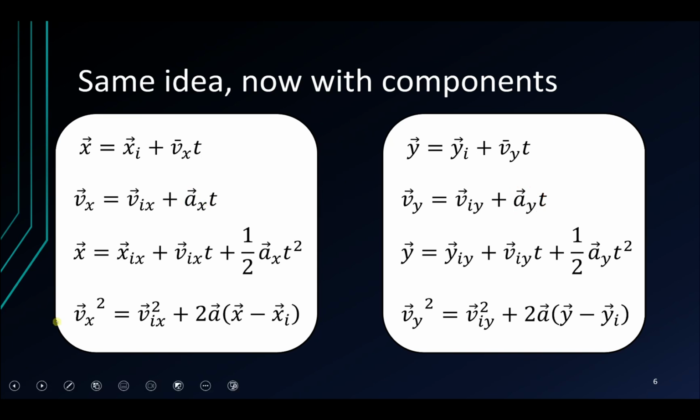Another thing that I think is important to note here is how do we connect these together? A lot of problems, especially 2D kinematics problems, 2D motion, projectile motion, is where we start to see systems of equations, right? Where you have two equations and two unknowns, you have to combine them together to find the answer. So how do I connect the x direction and the y direction together? I do this through time, right?